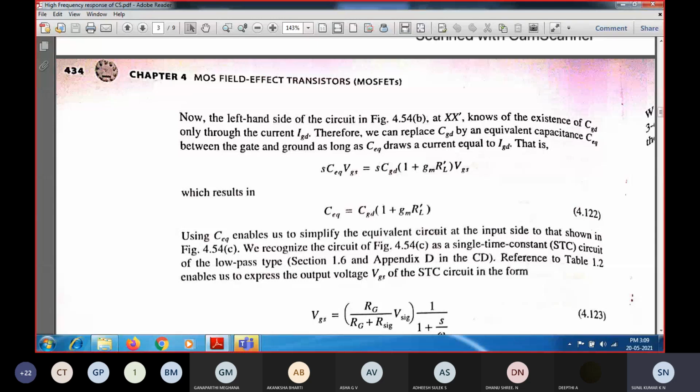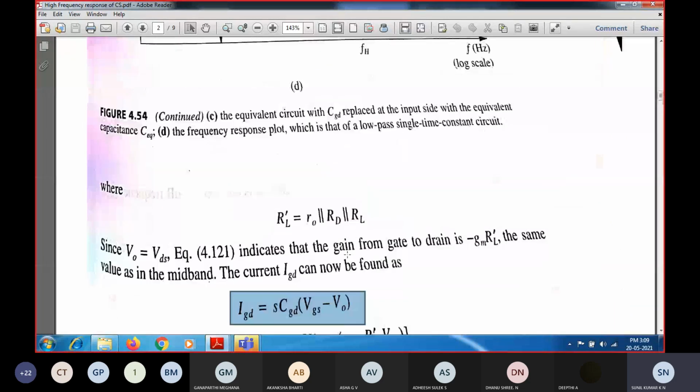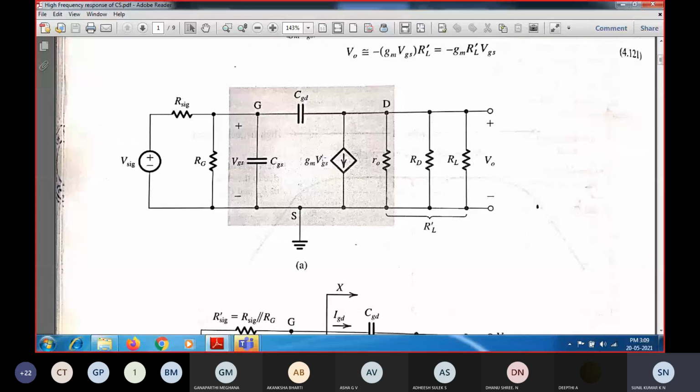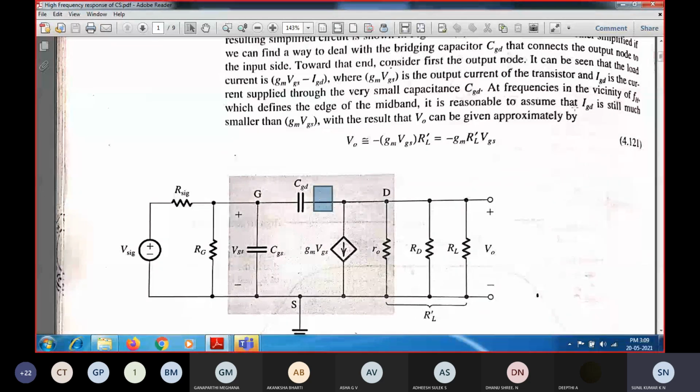So the output voltage obtained here is only because of GM into VGS, not because of IGD. The output is determined by this current multiplied with this resistance, so we have minus GM into RL dash into VGS.